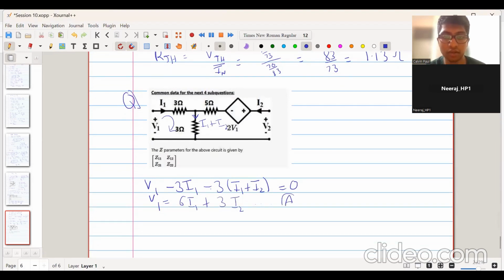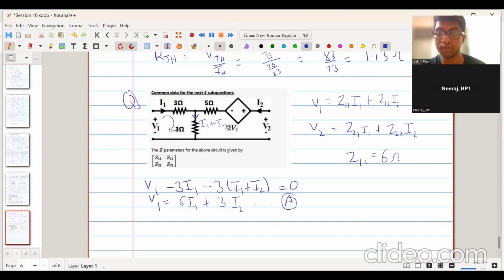This is equation A. And we know for Z parameters, V1 is equal to Z11 into I1 plus Z12 into I2. Similarly, V2 is equal to Z21 into I1 plus Z22 into I2. On comparing equation A with this equation, we get Z11 equal to 6 ohm and Z12 equal to 3 ohm.